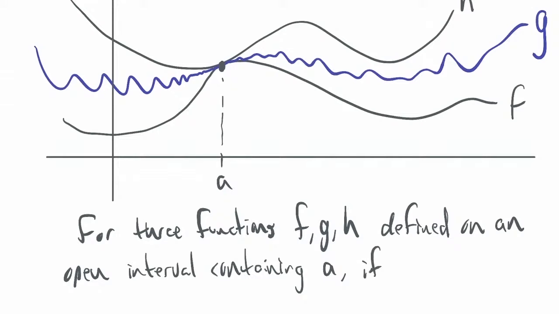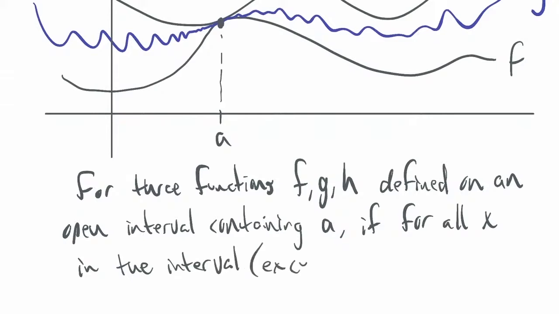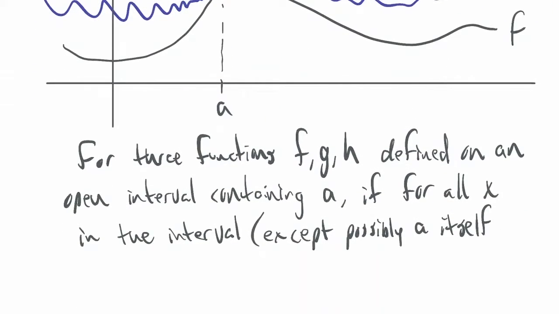If, for all x in the interval except possibly a itself. And in the diagram, I'll indicate what that means after I've written it out.